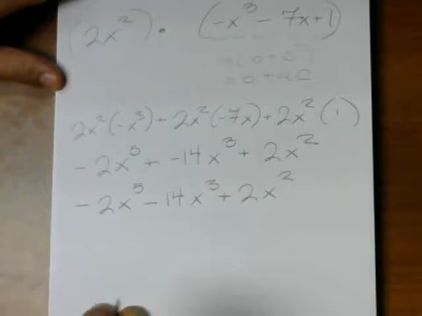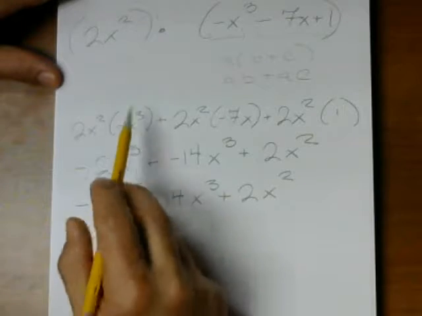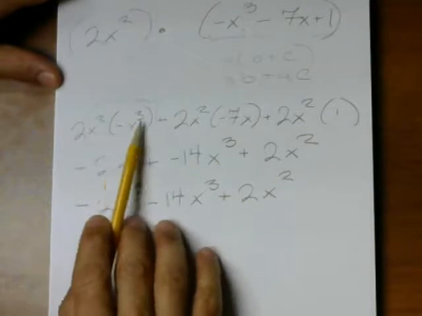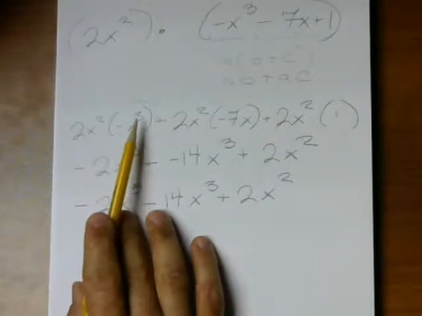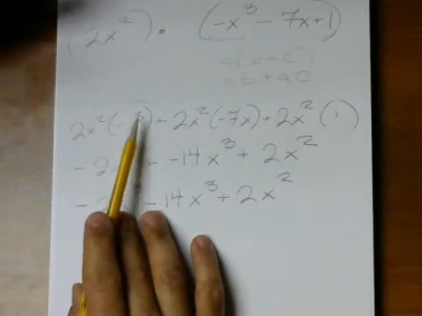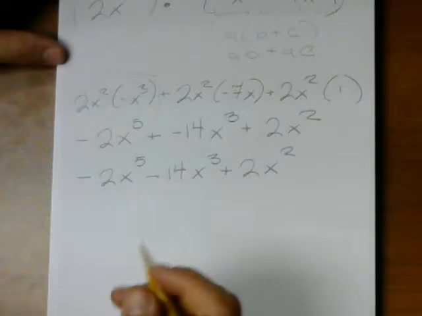Now, some of you might get scared. You might say, wait a second, Professor, you did this part really quick. I have some exponents, a 2 and a 3, and I don't know what to do. Do I add them? Do I subtract them? Do I multiply them? You quickly jump to addition here. Well, let's think about this for a second.